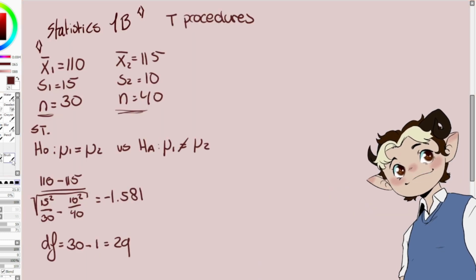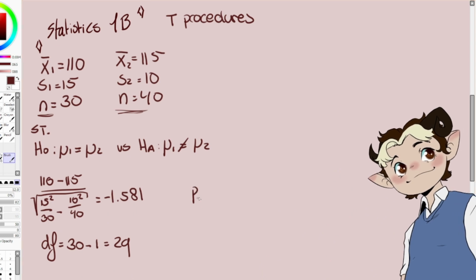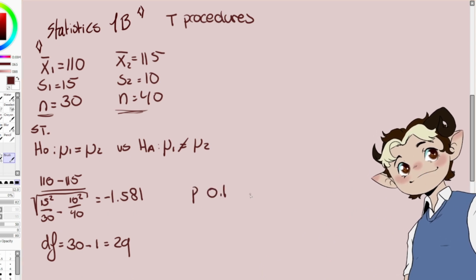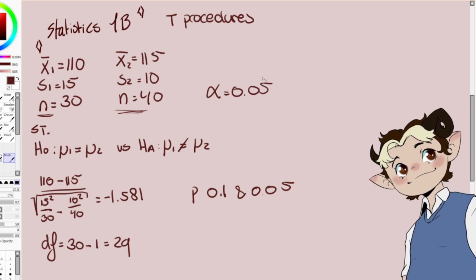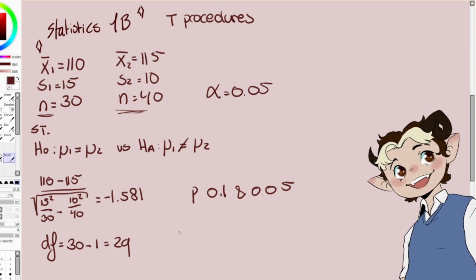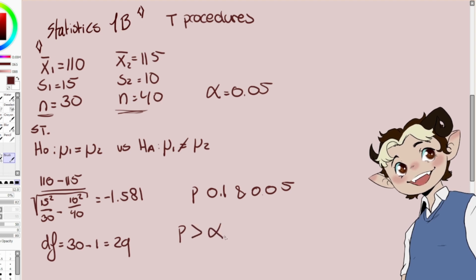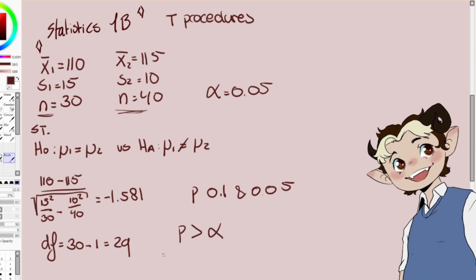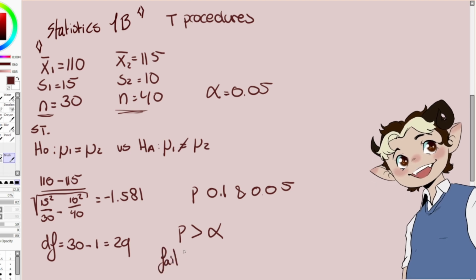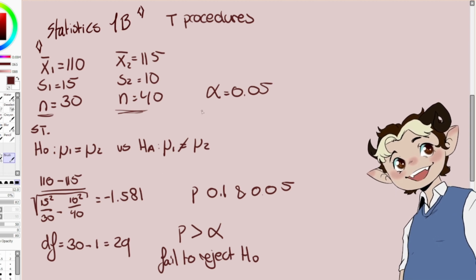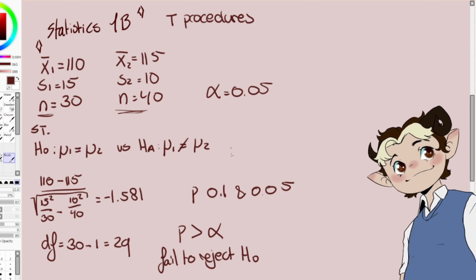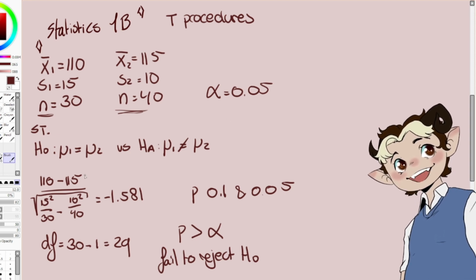So our P would be between 0.1 and 0.05. If we assume our alpha level of 0.05, which usually it is, we see that our P is bigger than our alpha. Therefore, we fail to reject the null. So we accept the null to be that the difference between the two is similar enough that we just accept the null hypothesis.